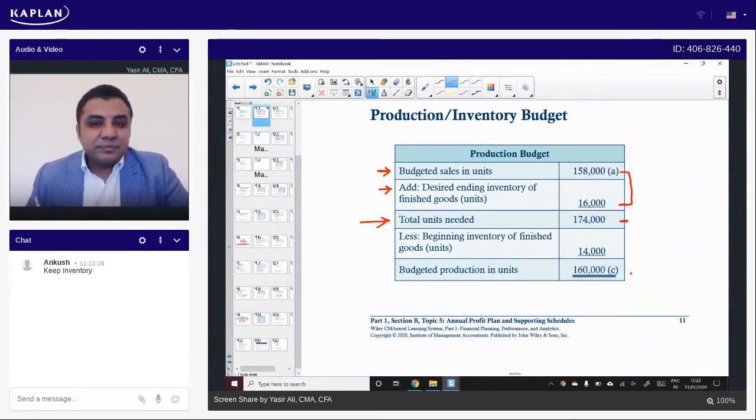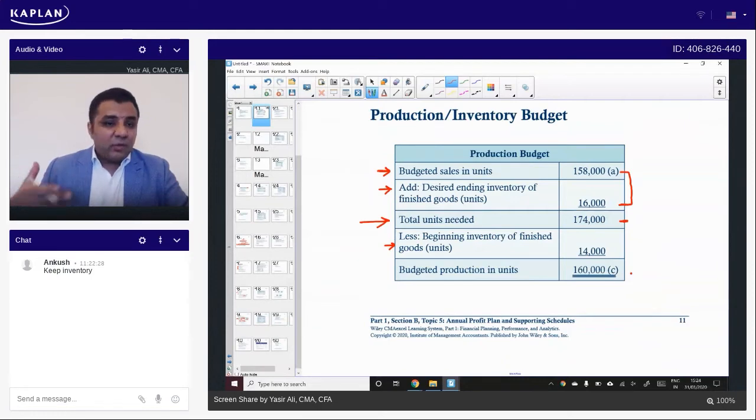174,000. Now, because you are selling this finished product, you might already have some inventory. So less the beginning inventory of finished goods. This would be an actual figure, the end result of an inventory count of how many units you already have.